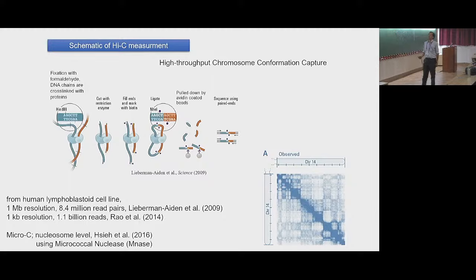Then some enzymes were added to cut these sites. For example, by adding HindIII, many positions, approximately every 1 kilobase, 1,000 nucleotide pairs, are cut with this enzyme. So we have a lot of fragments like this. Then some end marks were added to these ends and ligated again to form a ring.